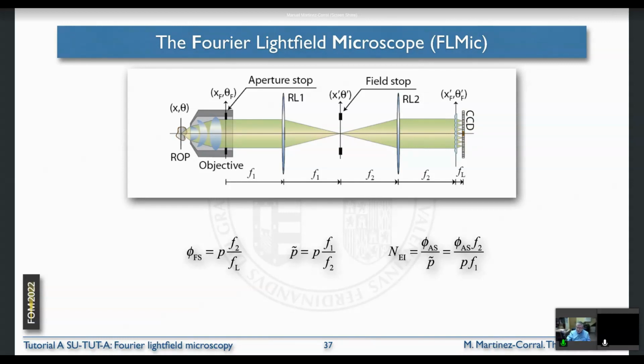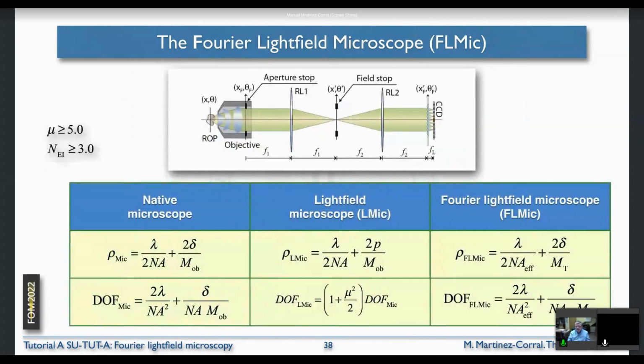When we project virtually this pitch here, we have a projected pitch which follows this conjugation equation. So this is the pitch of the microlenses projected onto that plane. And therefore, the number of elemental images is the quotient between the diameter of the aperture stop and the projected pitch.